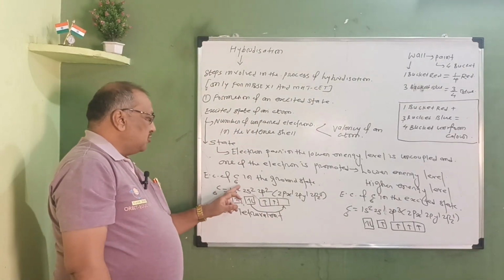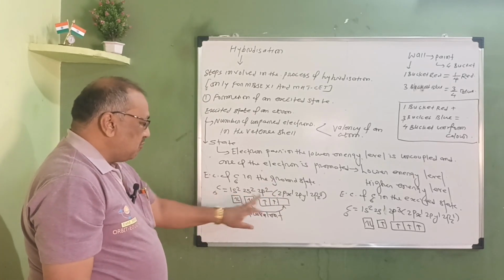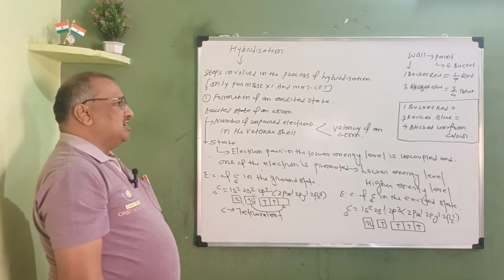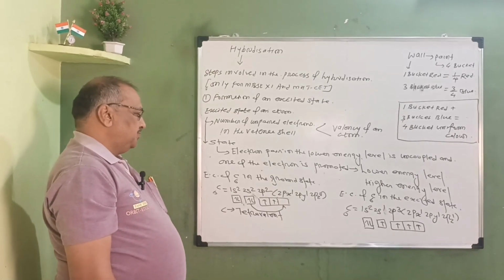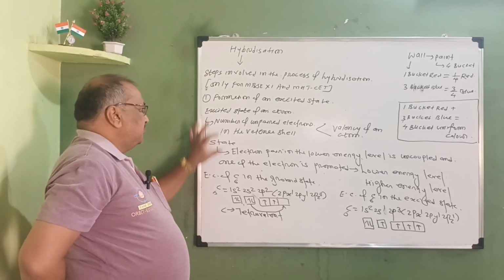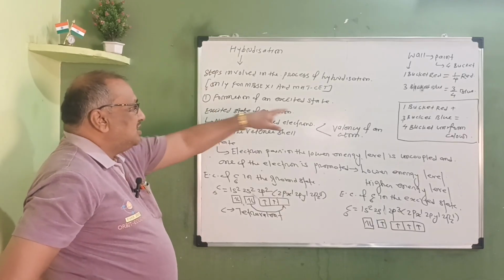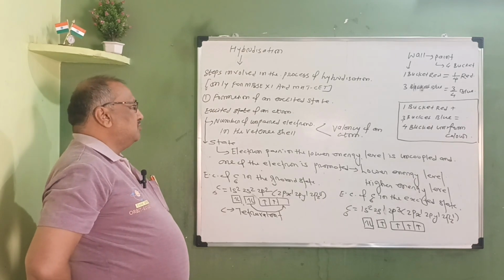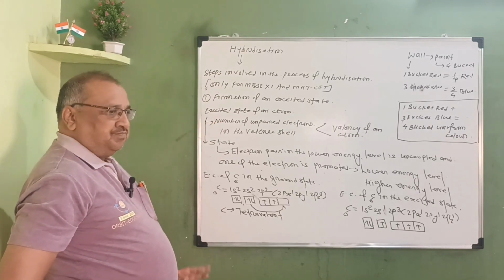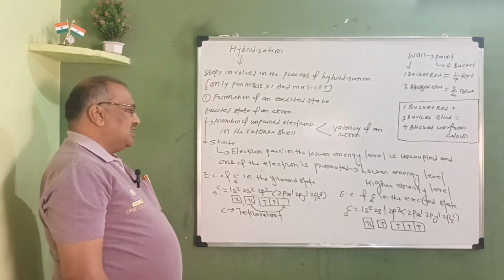Electronic configuration of carbon in the ground state indicates that carbon atom has two unpaired electrons in its valence shell, but carbon is tetravalent. That means here the number of unpaired electrons in the valence shell is less than the valency of an atom. So you can form the excited state. How is the excited state formed?